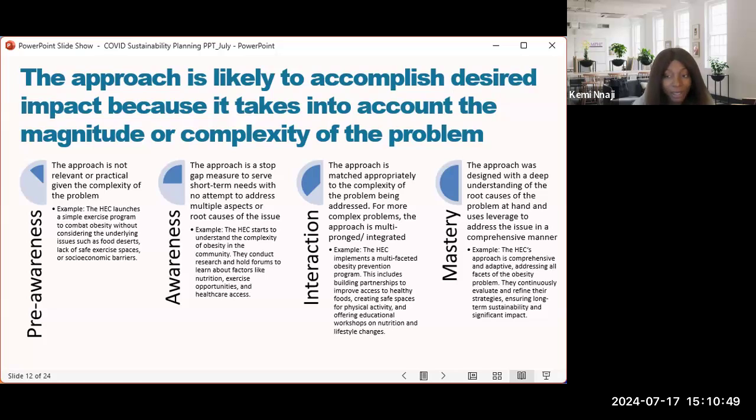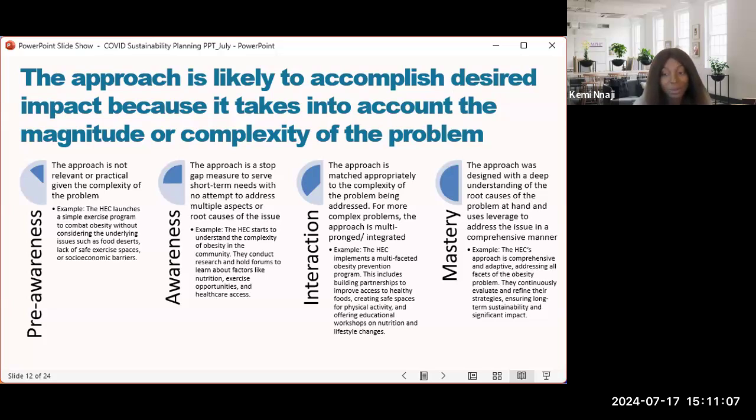In the awareness stage, the approach serves short-term needs without attempting to address multiple aspects or root causes of the issue. At the interaction stage, the HEC implements multifaceted programs that address various aspects of the problem.